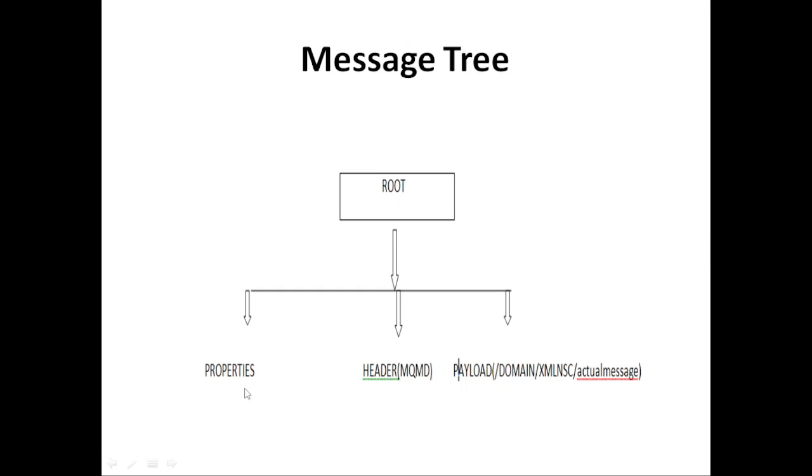The properties is the previous sibling of the header, and the header is the previous sibling of the payload. Similarly, the header is the next sibling of the properties, and the payload is the next sibling of the header.